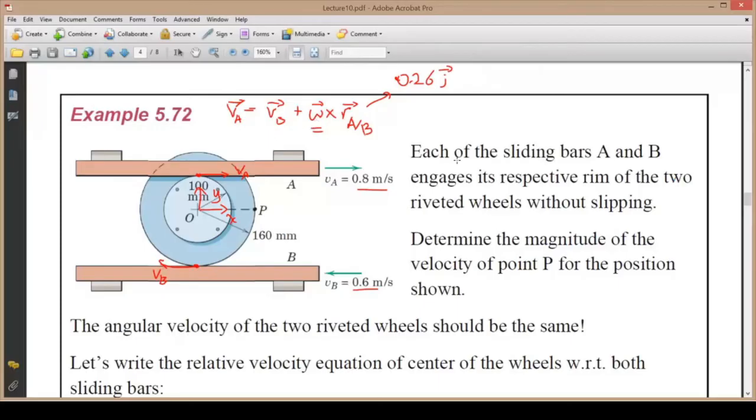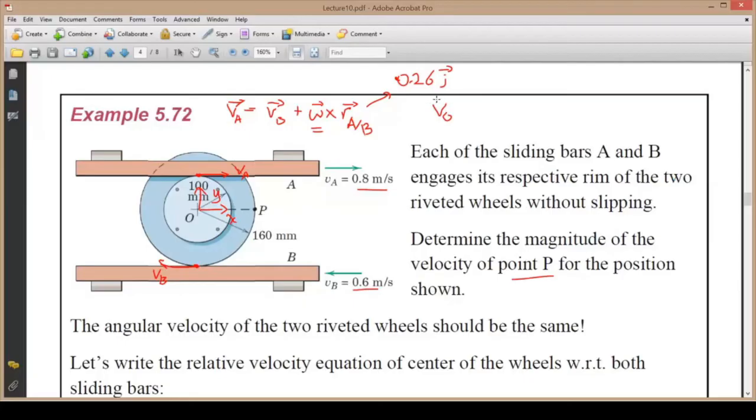However, you'll see in the solution, we have done it in a different way, and we can also write equations for V0, because the question asks us about the velocity of point P, so we might as well first calculate V0, then find omega, and then write an equation for Vp depending on O. But we don't have to do that, actually.